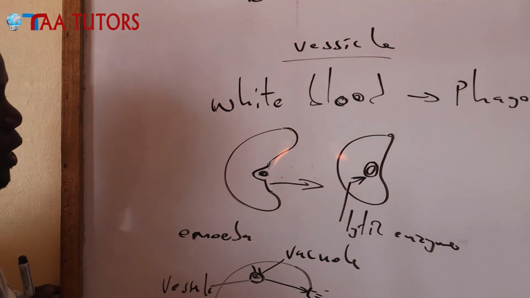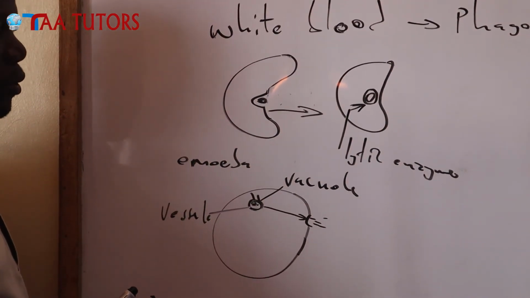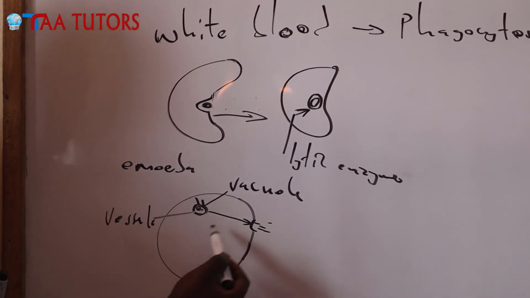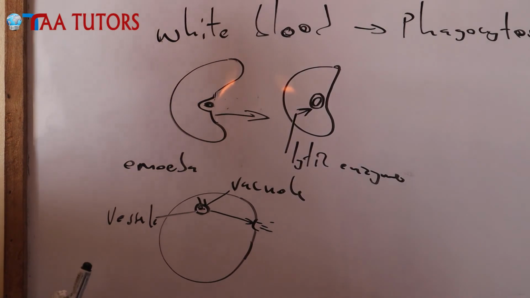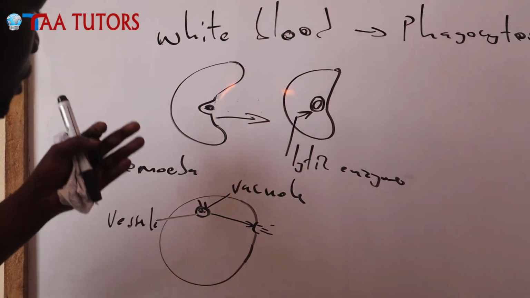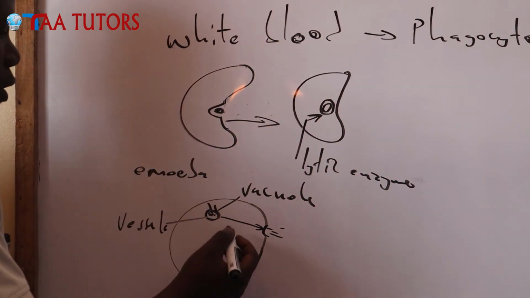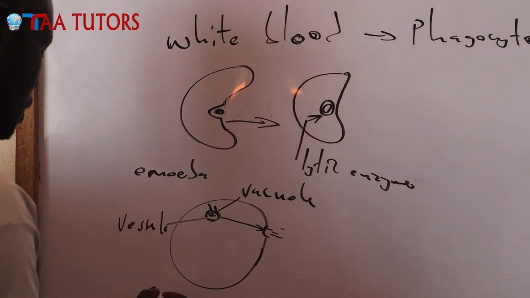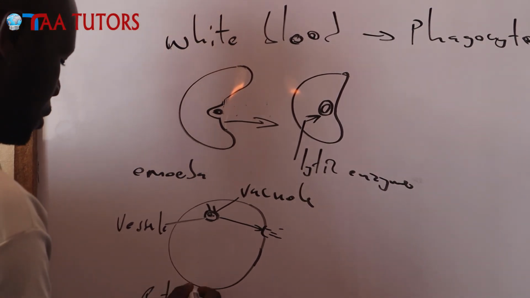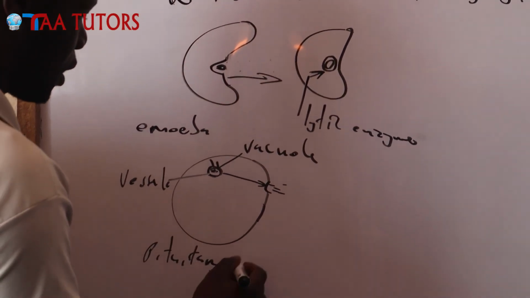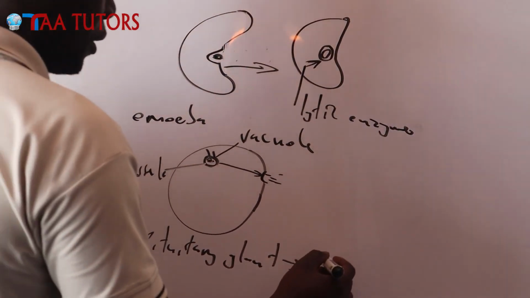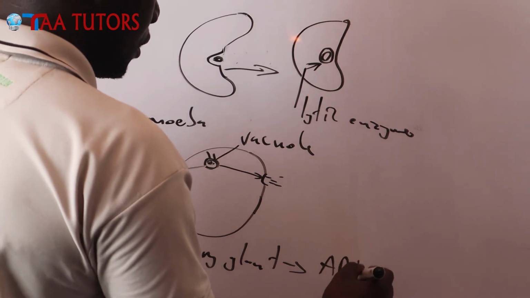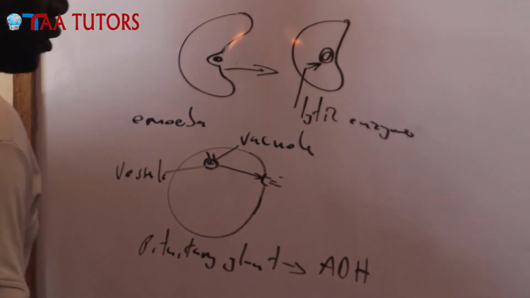This is also how enzymes and hormones are produced and released out of the cell, so that they can go and work somewhere else. A good example is the hormones found in glands like the pituitary gland. This one can release for us the hormone ADH, antidiuretic hormone.